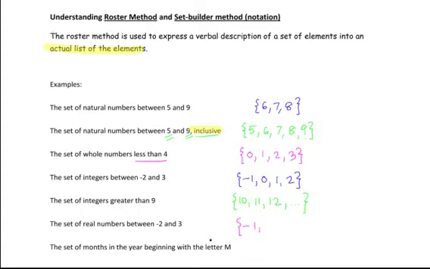Well, that's a problem. The set of real numbers is not a set that we can list. So the key thing here was understanding that the problem asked us for the set of real numbers, and we can never generate an exhaustive list of the set of real numbers. So this set cannot be written using the roster method. So let's write out here, cannot be written, or just say cannot do it.